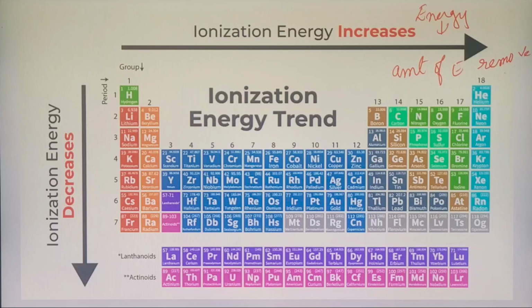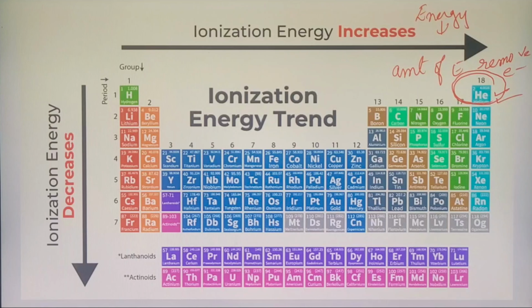Okay, where do you think I will have to apply maximum energy? I have to put in a lot of energy to remove an electron. It will be this noble gas. Which is that noble gas, children? It will be helium, one of the commonly asked board questions. The element in the periodic table with the highest ionization potential is helium.